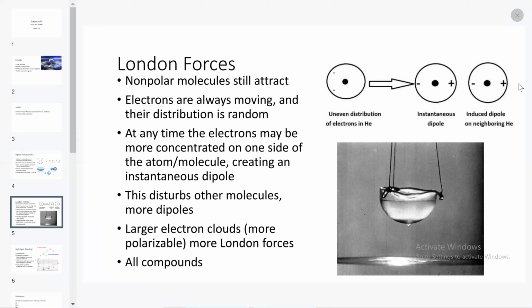So here I have this nice picture of liquid helium. Helium gas turns to a liquid at around 4 Kelvin. So you can imagine how cold that is. That's negative 269 degrees Celsius, so very, very cold.